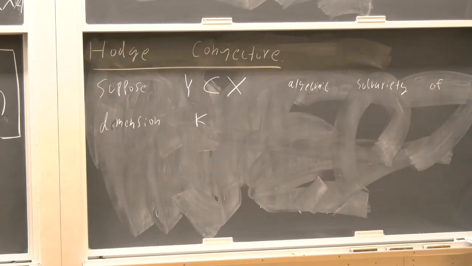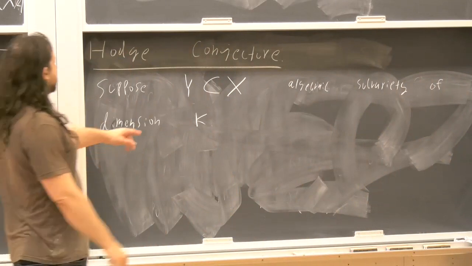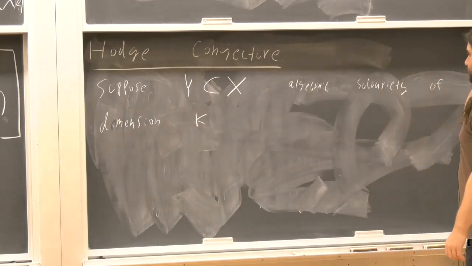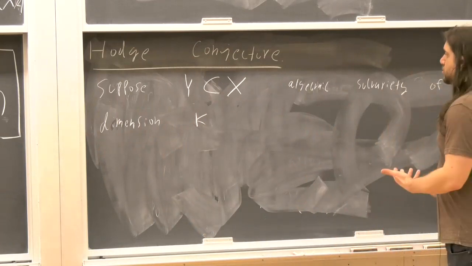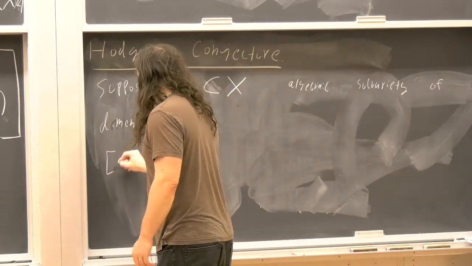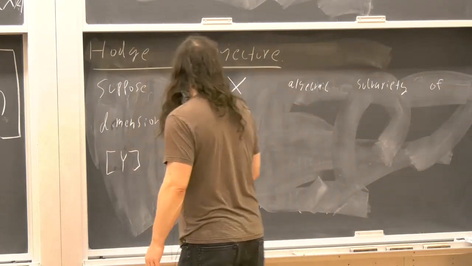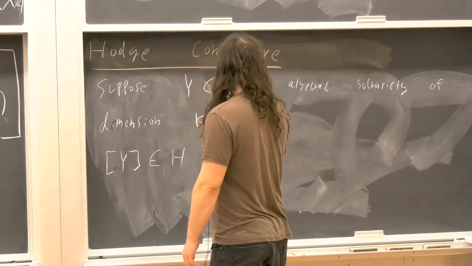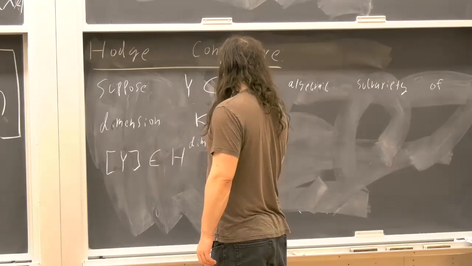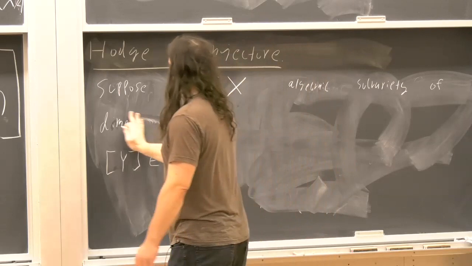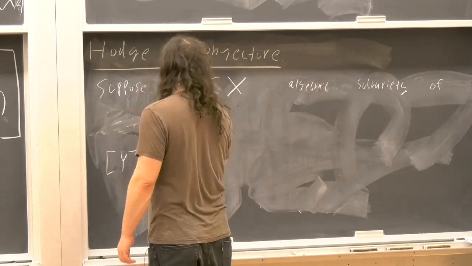It happens all the time. Okay, but if you have this kind of thing showing up, then what you can do is look at the induced cohomology class. Let me say it has codimension K, because it'll make things simpler.